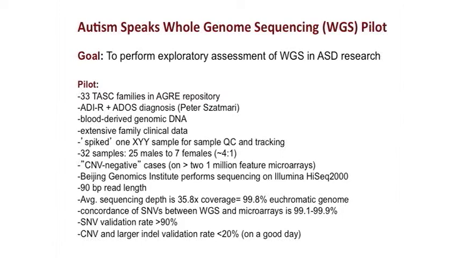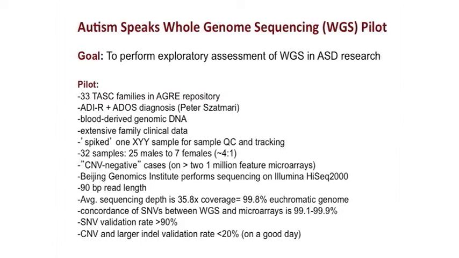Extensive family clinical data. We had one control that we included for QC and tracking, and we tried to represent the typical 4-to-1 male to female ratio. These were all samples that had been run on at least 2 million feature microarrays, and these were so-called CNV negative, okay? So we wanted to try to enrich for non-CNV mutations, at least in our pilot experiment.